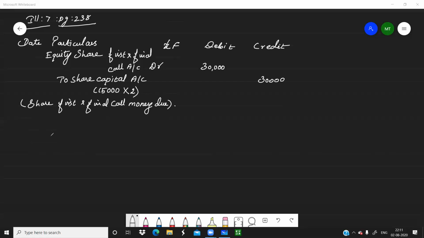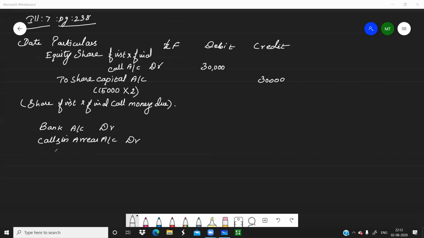So second journal is bank account debtor, calls in arrear account debtor. ஏன்னா இது ஃபெயில்ஸ்லாமா அதனால.